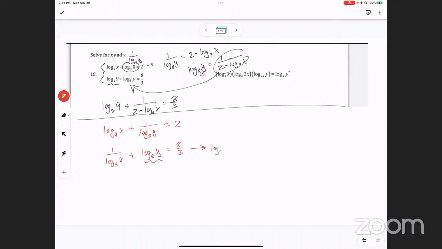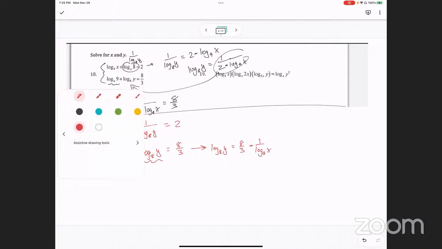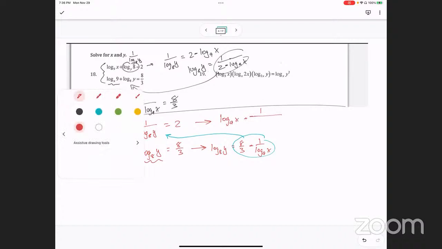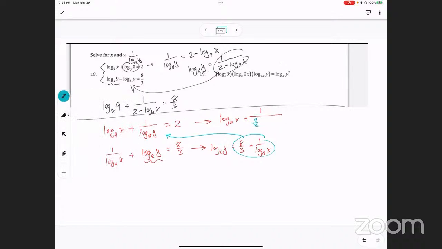So log base 8 of y equals 8/3 minus 1 over log base 9 of x. Now I'm going to plug that in to here. So I have log base 9 of x plus 1 over, color coding, 8/3 minus 1 over log base 9 of x equals 2.